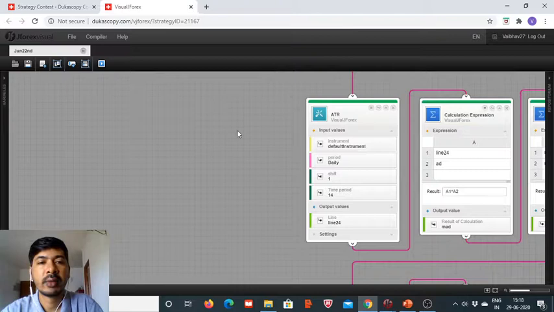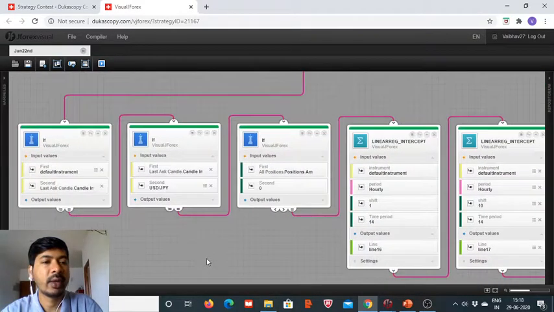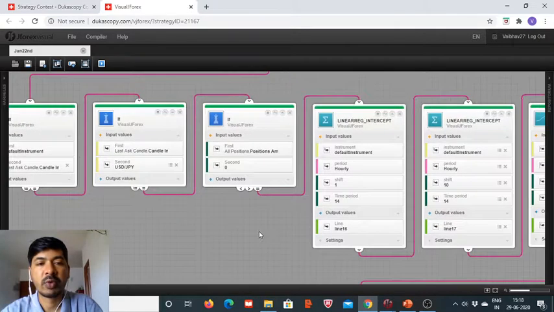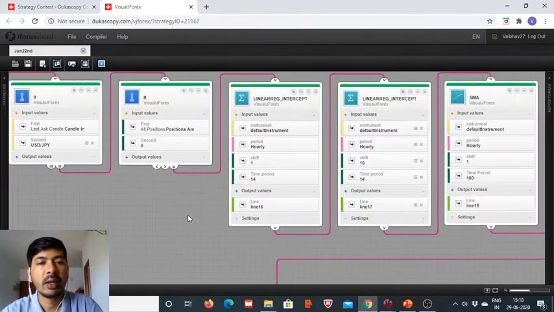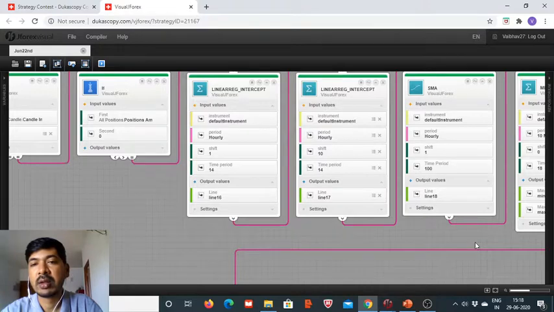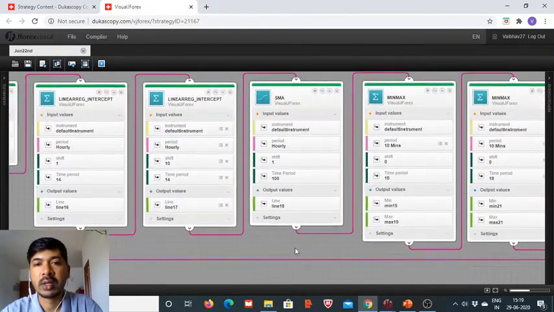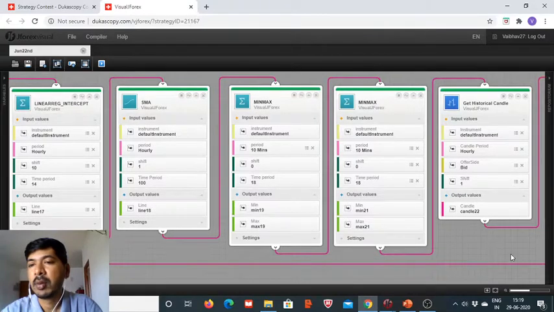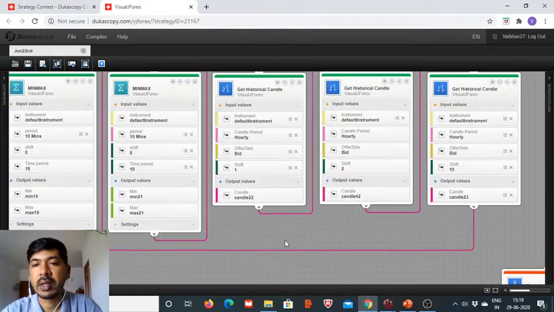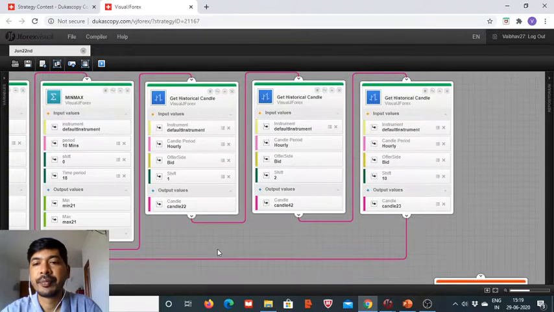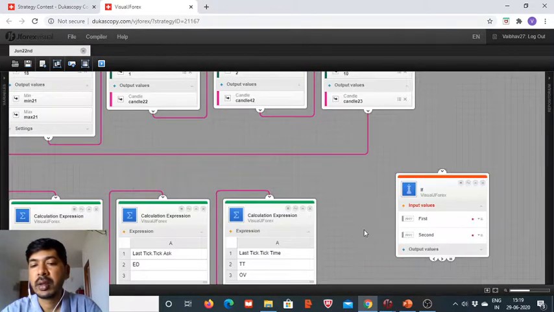Here is what we have done so far. We have defined the instrument subscription for USD JPY. The position amount has been defined at 0. We have all these indicator blocks: linear regression intercept, the SMA, min max, historical candle data, and all of these are in hourly time frame.